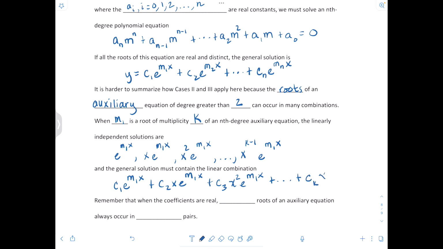The x would be raised to the k minus 1, because of the constant term, potentially, and then you would have e to the m sub 1 x.